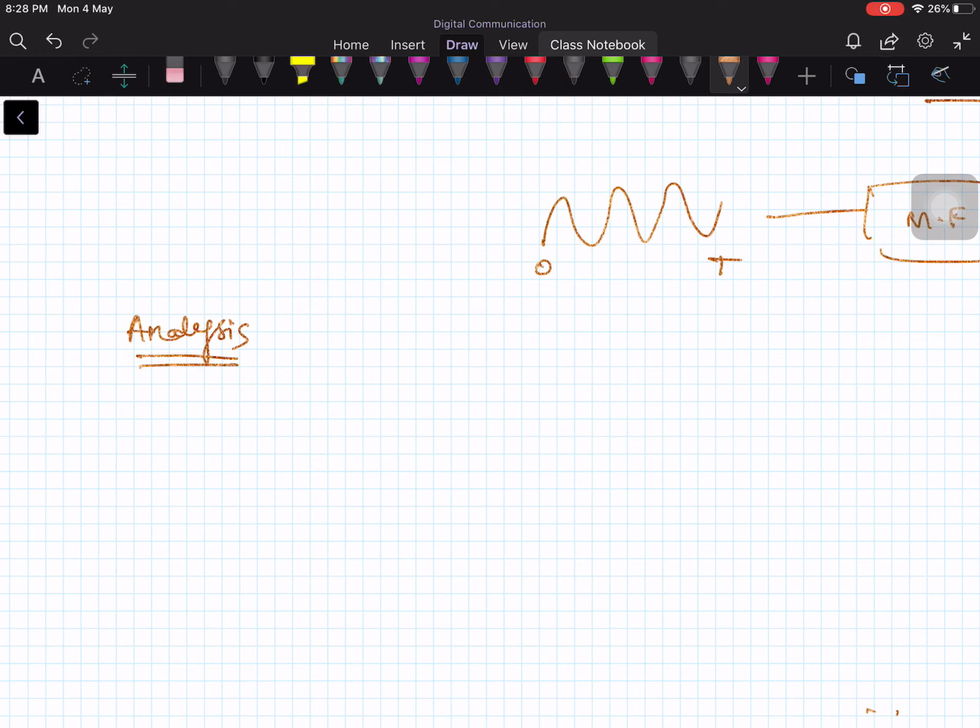Analysis. So I am transmitting the pulse s sub r of t times cosine of 2 pi f naught t. By the way, the general pulse is minus s sub I of t times sine of 2 pi f naught t. This is the passband pulse. This I already discussed.